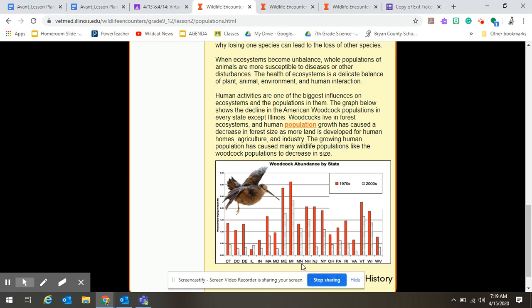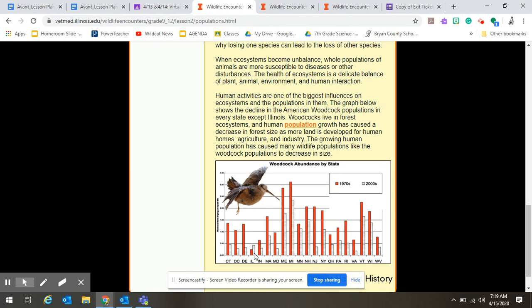So down here you have the states and the years. 1970 is the red, the 2000s are the white, and then over to the left, you have population size, or the abundance of these birds within each state. So as you can see, there's definitely a change here.